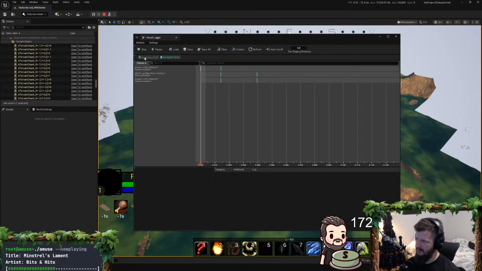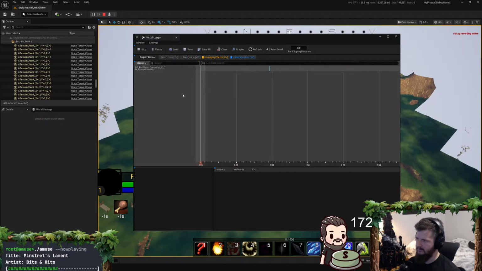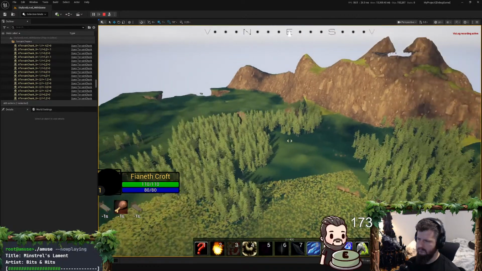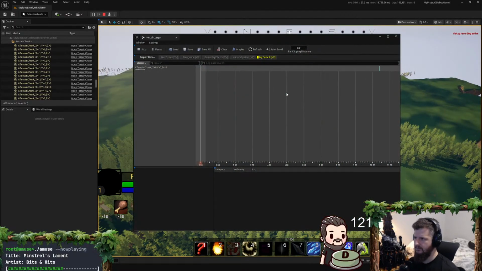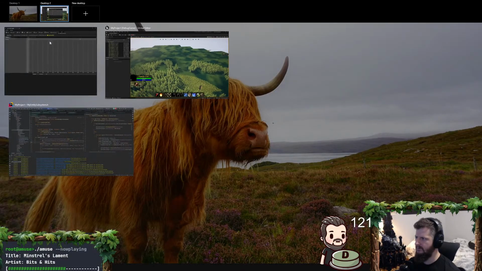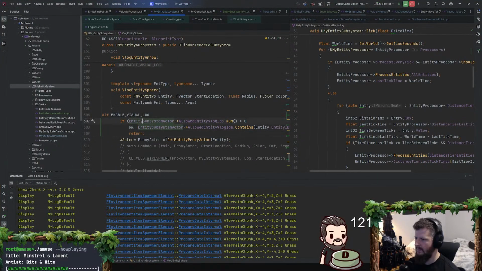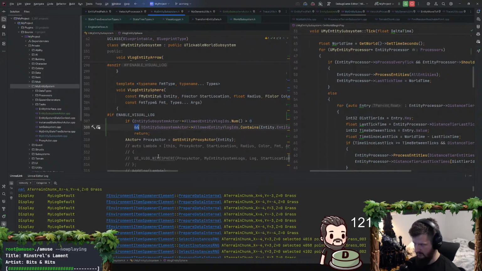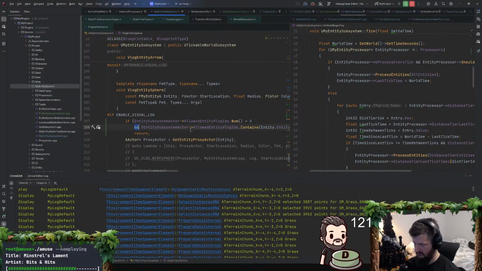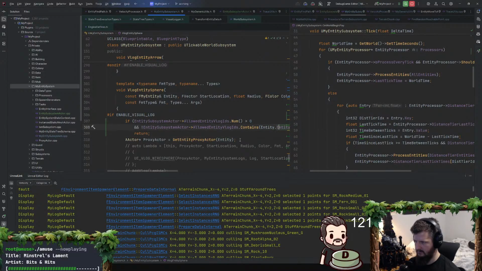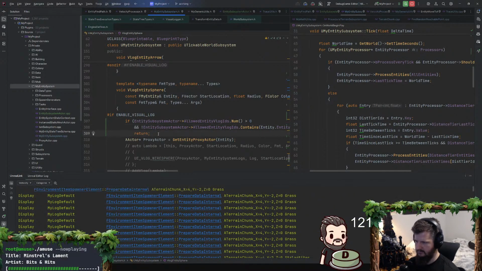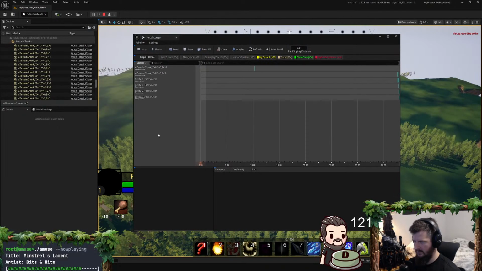Okay, let's turn off the octree. Okay, we're not logging any of them now. I messed up the logic, didn't I? If it's not empty and it doesn't contain the entity, we skip it. Okay, there we go. We just weren't spawning any yet.